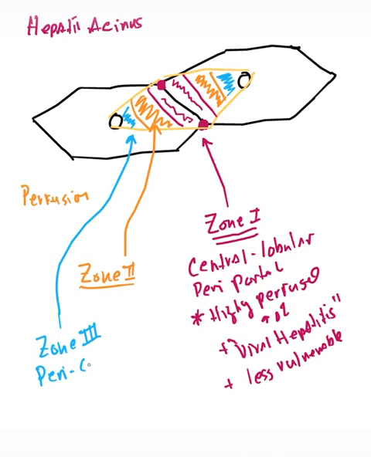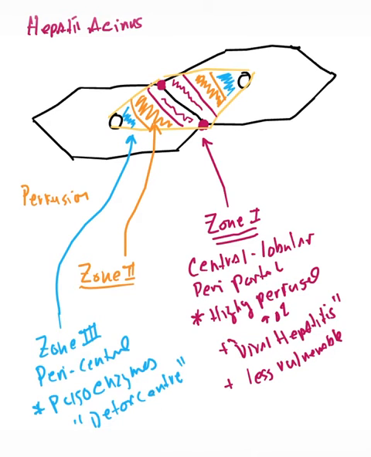And this is the zone where we have a significant number of cytochrome P450 enzymes working. So this area here is sometimes known as the detox center of the liver.